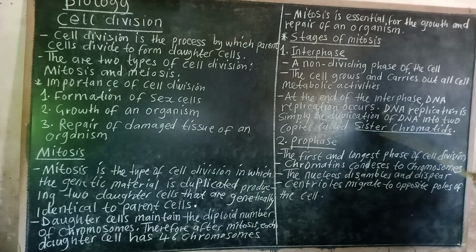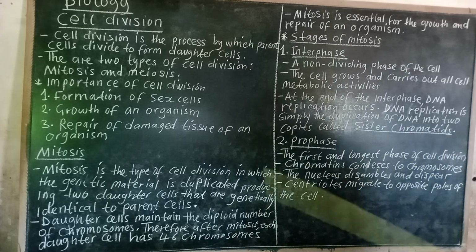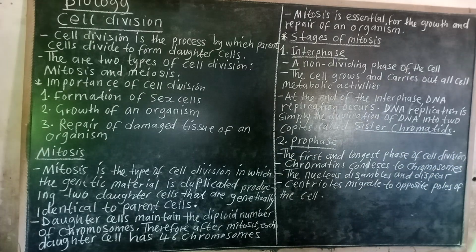So DNA replication is simply the duplication of DNA into two copies called sister chromatids, like what I talked about on the diagram.